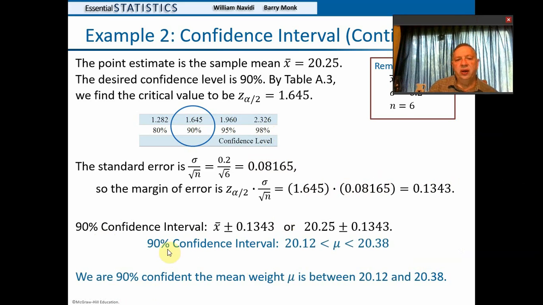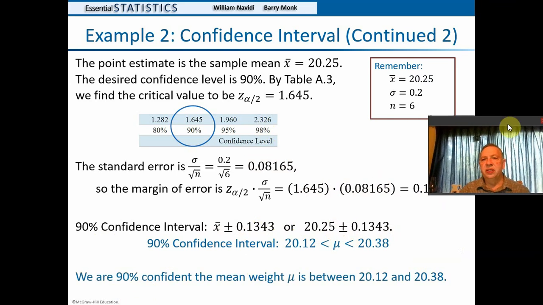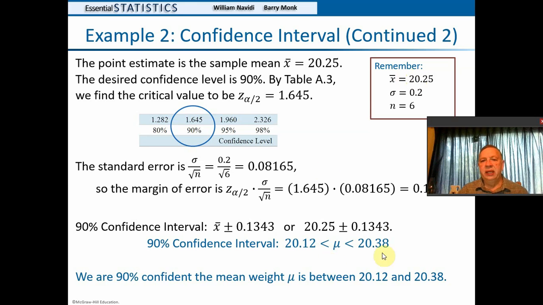So now we build out our interval. Our x bar plus or minus the 0.1343, that's that margin of error from here, or 20.25, that was our sample mean, plus or minus this 0.1343, that's 20.12 less than mu, less than 20.38. So we are 90% confident that the mean weight mu is between 20.12 and 20.38.